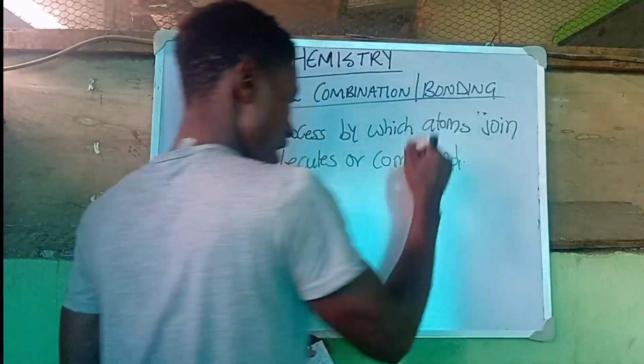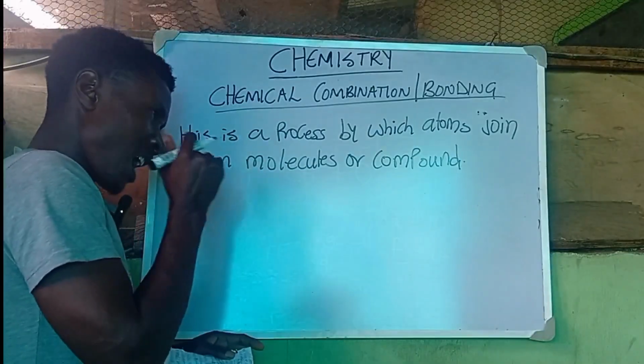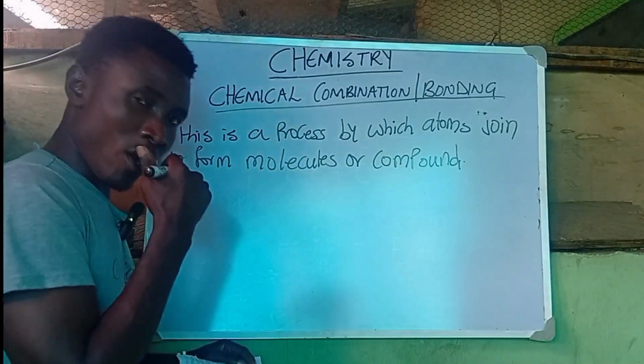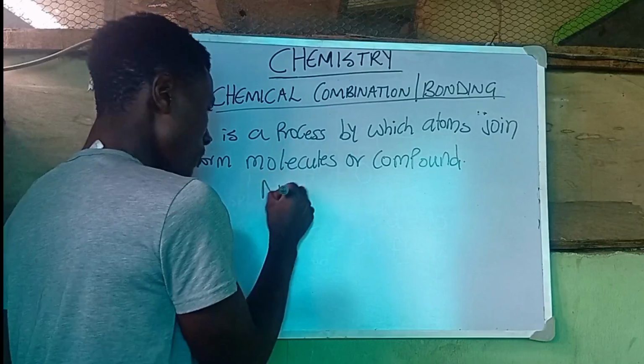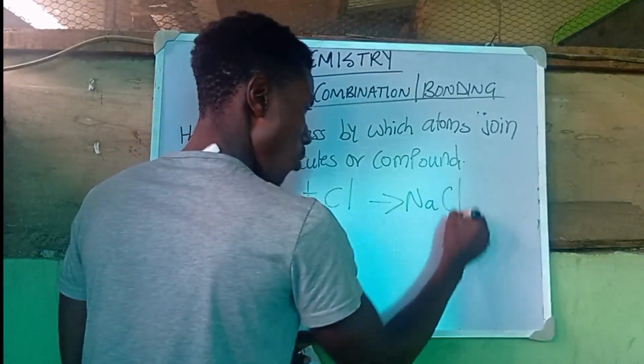I want you to follow up step by step, process by process. This is a process by which atoms join to form molecules or compounds. And why is it that atoms will join together in order to give us a molecule or a compound?